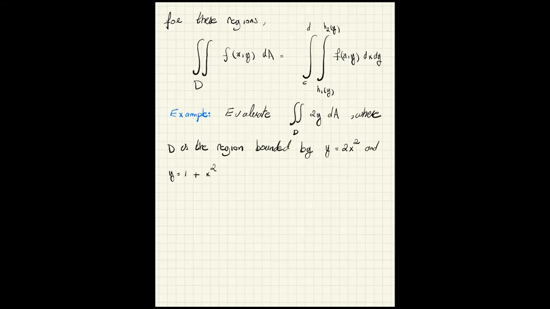Okay? So concretely speaking, this will look like this. We'll have the first function, 2x squared, which will be something like this. So this one is y equal to 2x squared.